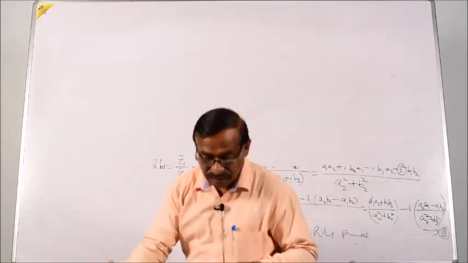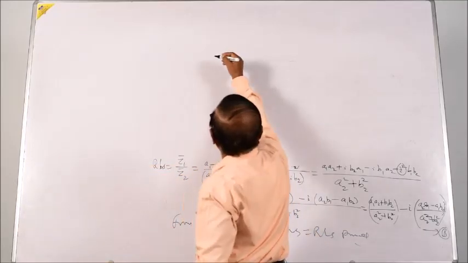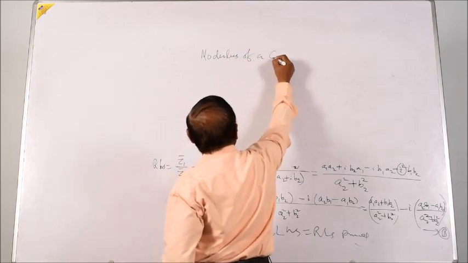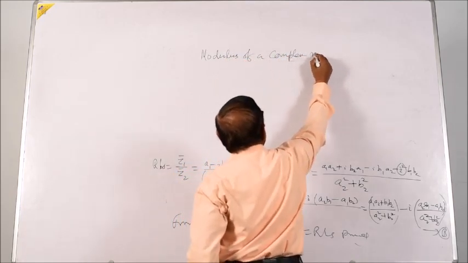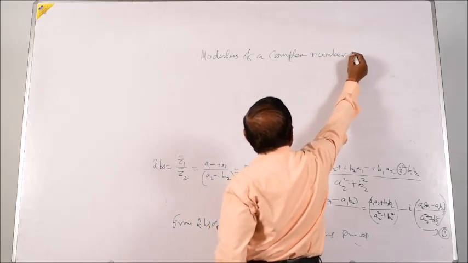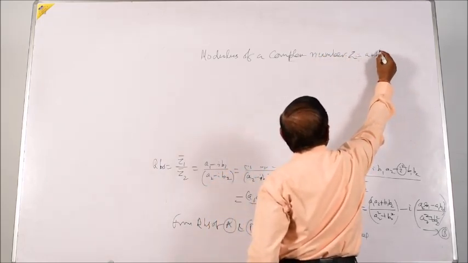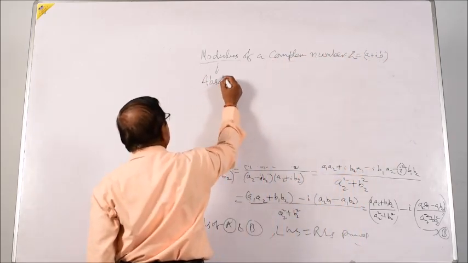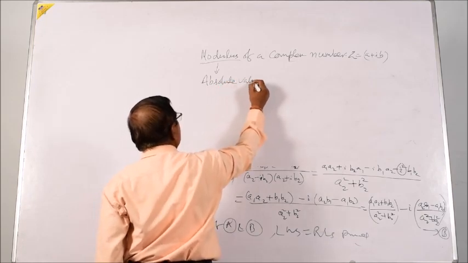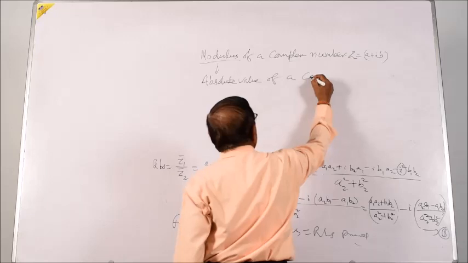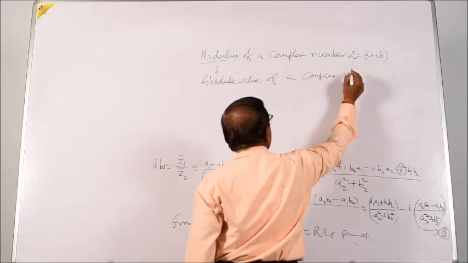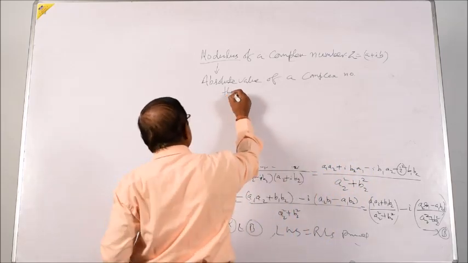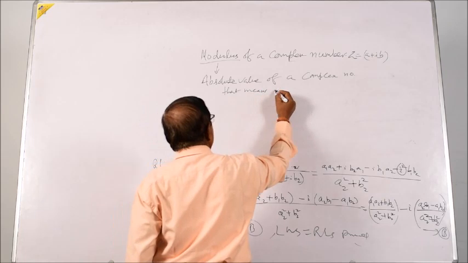Now, let us discuss the modulus of a complex number Z, that is a plus ib. Sometimes it is also called the absolute value of a complex number. That means length.